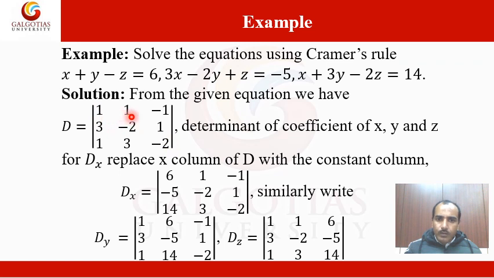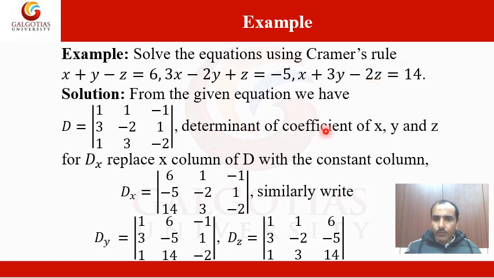Here 1, 1, minus 1 are the coefficients of x, y and z in the first equation. Similarly, 3, minus 2, 1 are the coefficients from the second equation, and 1, 3, minus 2 are the coefficients from the third equation.